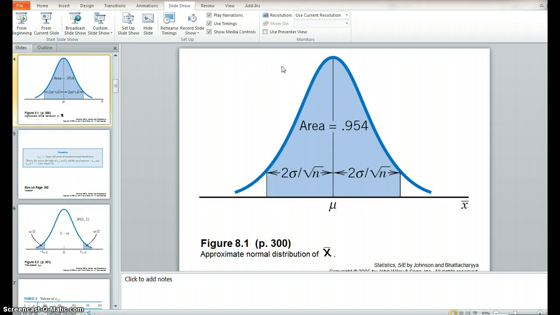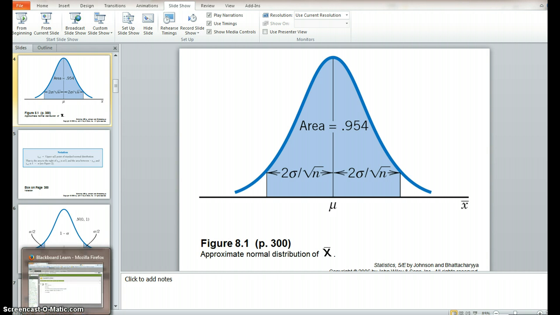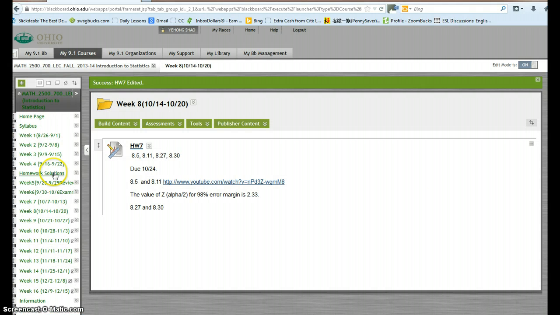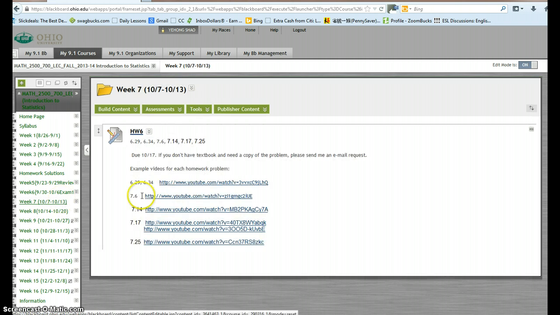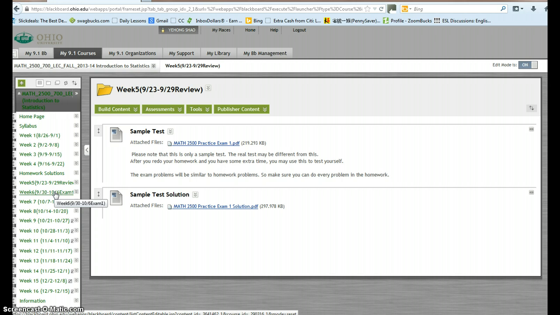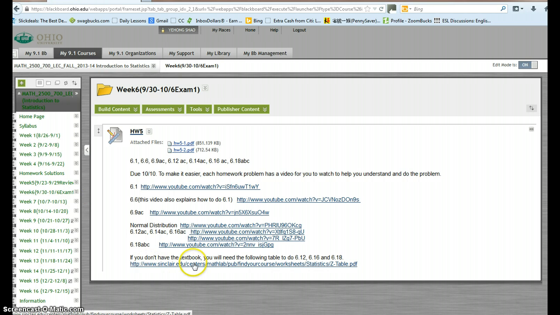So what we do, like before, is use this standard normal table, which is posted under week 6, or you can use the book if you have it.